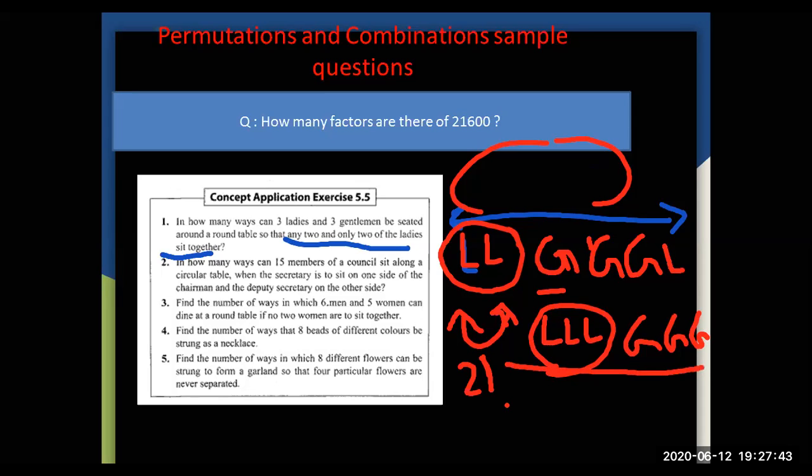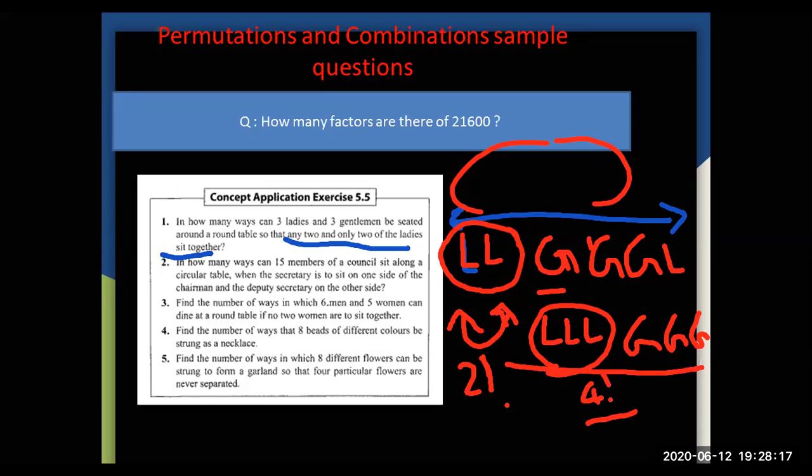When all of them are together, we consider 4 objects, because we are lumping all the 3 into one.